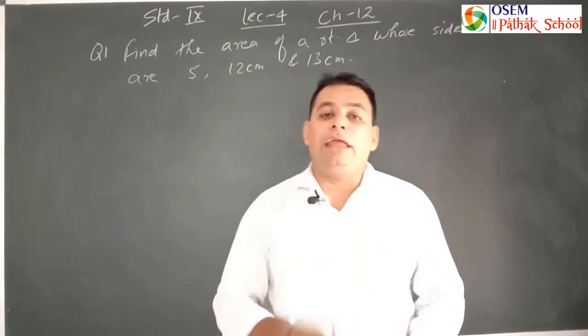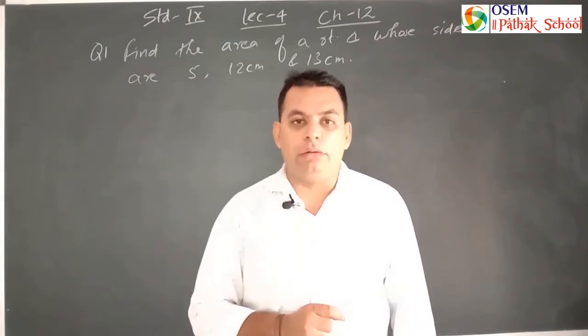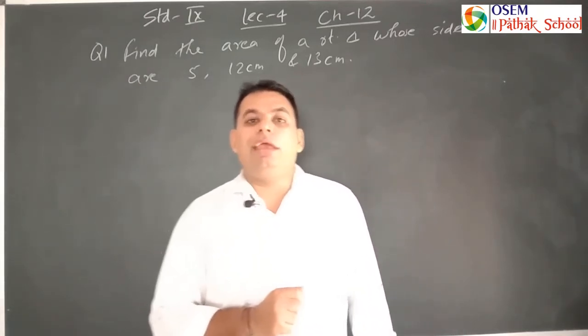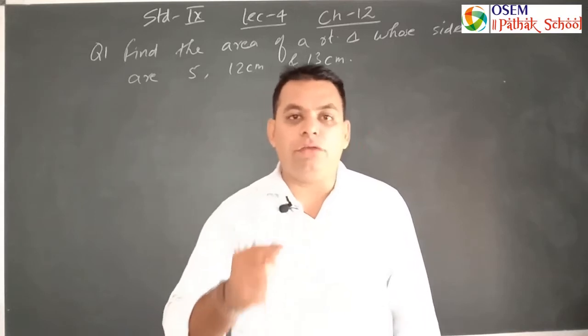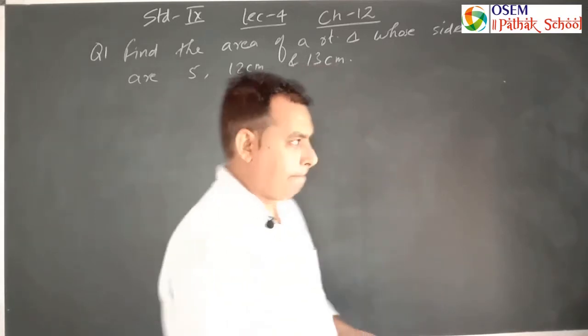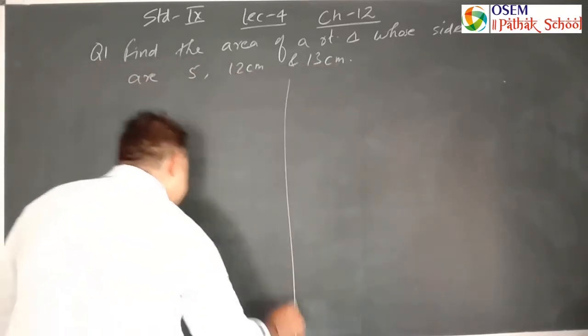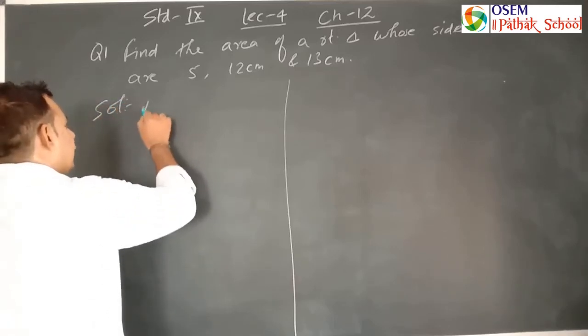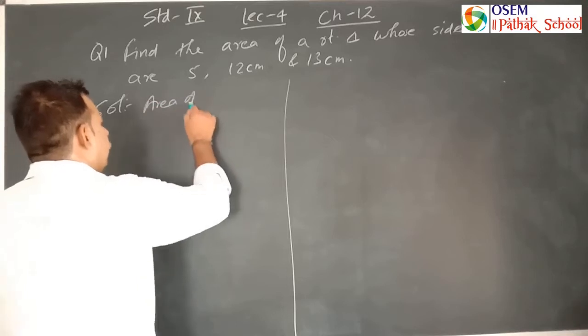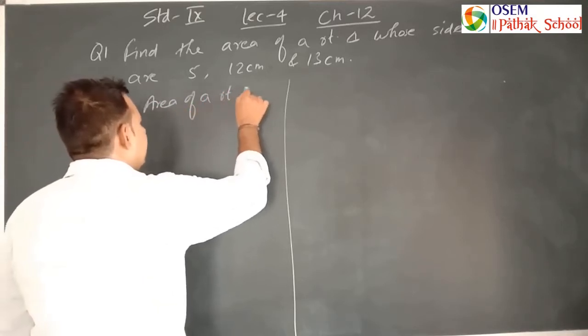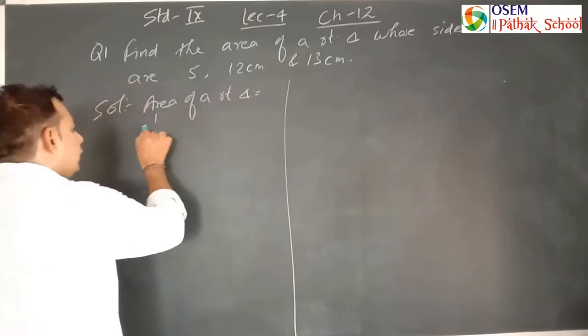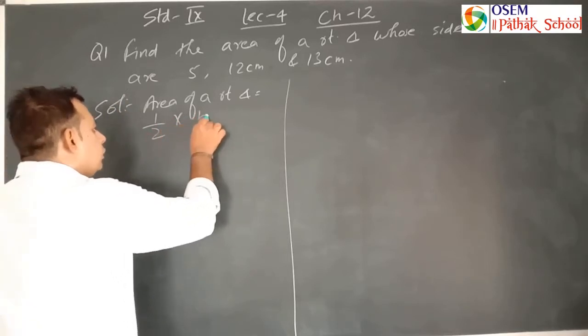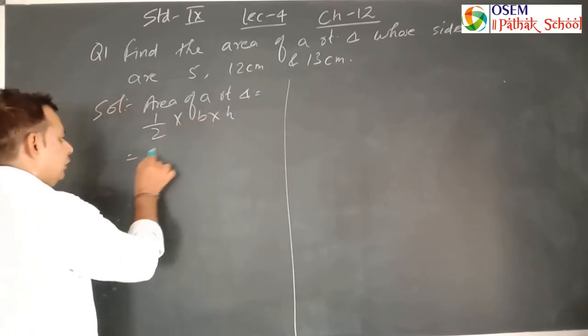Okay. Now I am first applying the area of a right triangle. You know the area of a right triangle is half into base into height. The solution is over here. The area of a right triangle will be half into base into height.